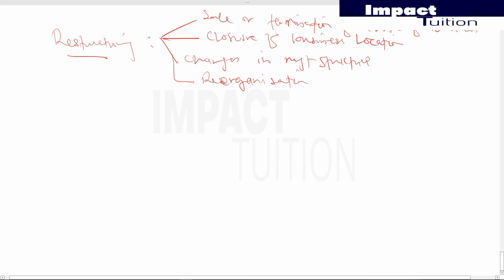Now, for each of these, what will be the provision? If it is a sale of operation, we should recognize a provision only after a binding sale agreement.